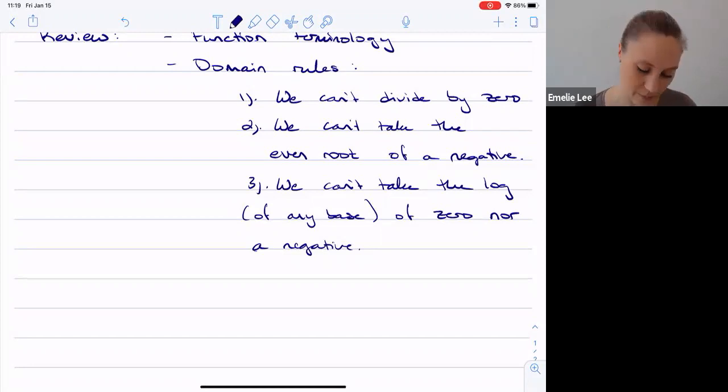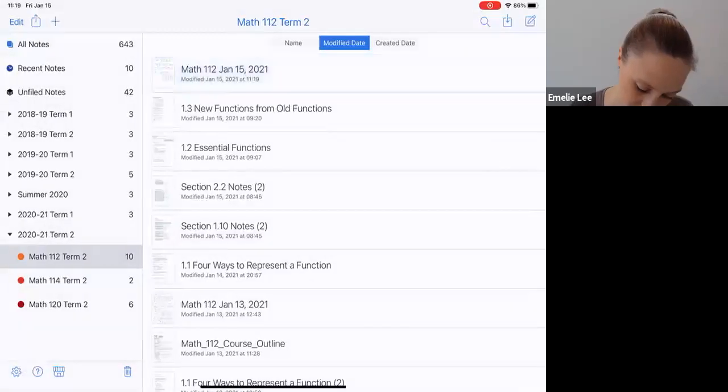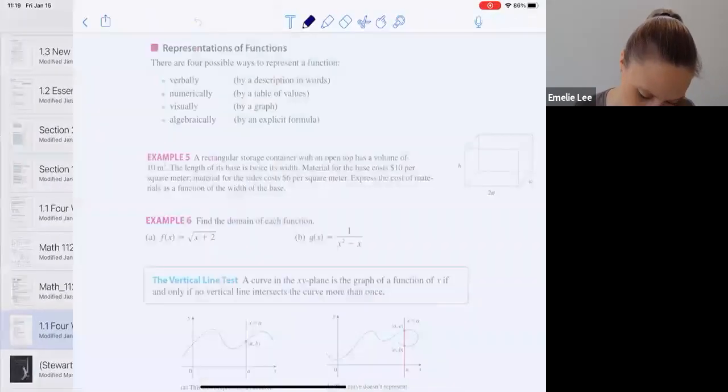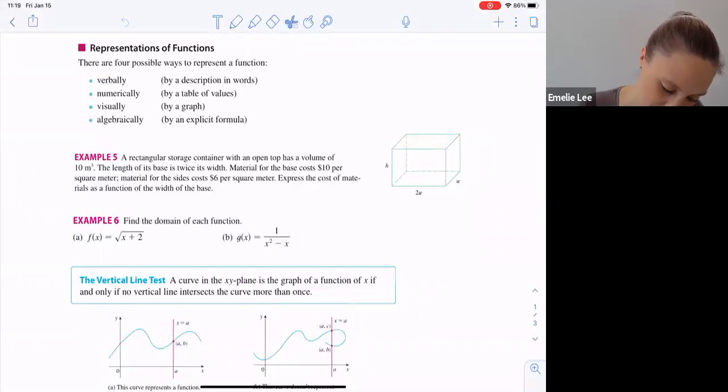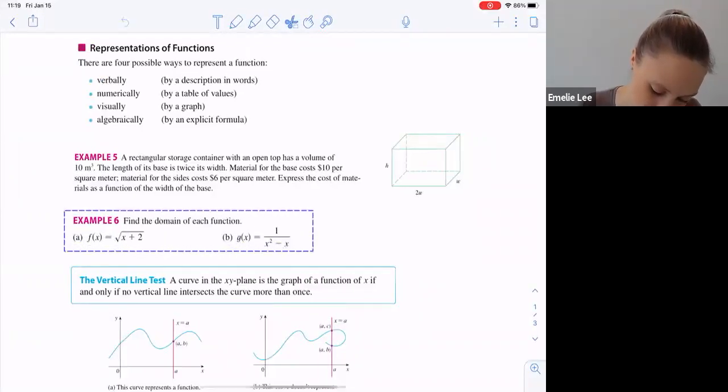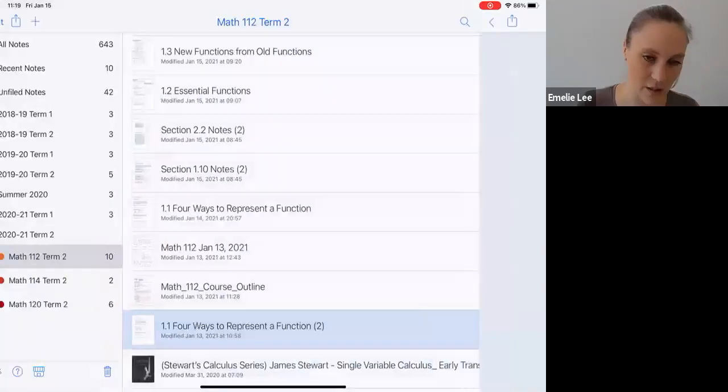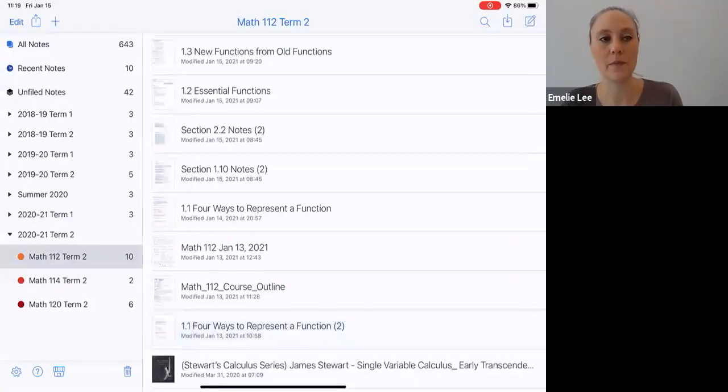So we have to take the log of a positive number. All right, so we go back to our notes here, and you'll see that I posted notes for sections 1.2 and 1.3, just shorthand summaries of everything that we're going to walk through.